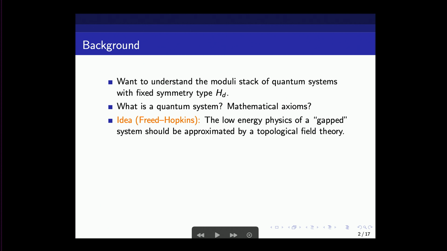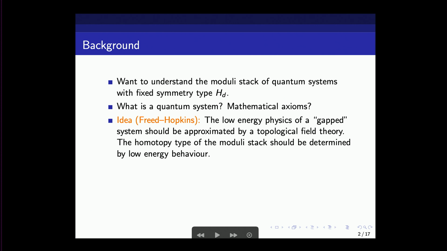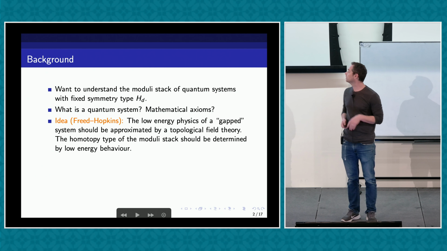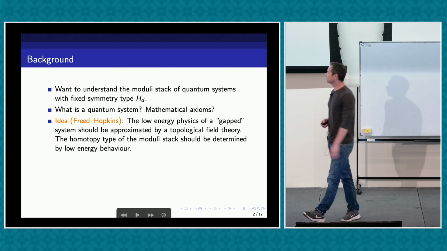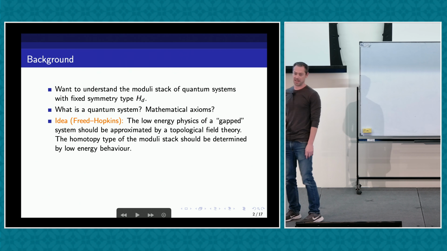What I mean by gapped here is that the minimum energy eigenvalue of the Hamiltonian should be an isolated point in the spectrum of the Hamiltonian operator. And the other heuristic principle is that the homotopy type of the moduli stack, the moduli space, should be determined by the low energy behavior.